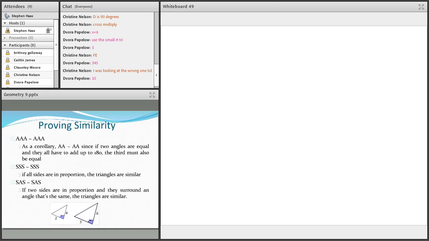So the next question is, how do you know that two triangles are similar to each other? And the answer is actually very similar to the rules for congruence. Remember, when you were talking about congruence, let's put it over here: congruence and similarity.